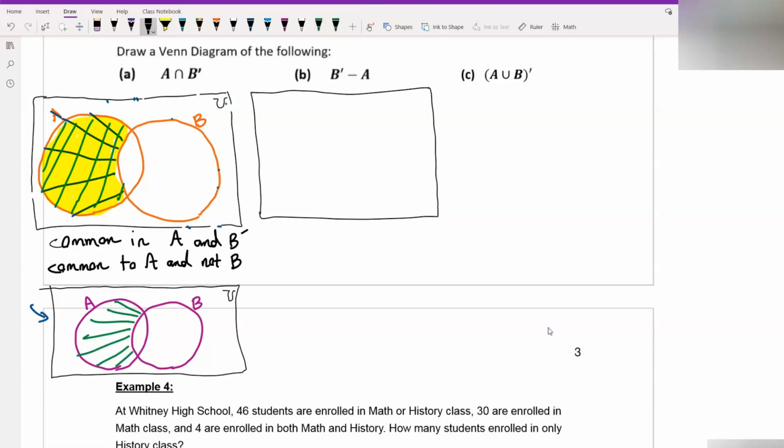Next one, part B is complement of B minus A. So we have to subtract all the members that we have in A from complement of B. Again, here we have complement of B. So first, I'm going to draw that one.